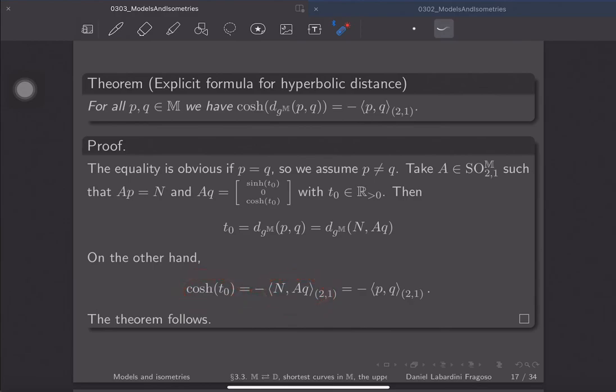But A preserves the pairing, so this pairing is equal to the pairing of P with Q. So the hyperbolic cosine of the distance is equal to minus the pairing. That's precisely what is written here. So this is really great. We can compute distances in the hyperboloid.